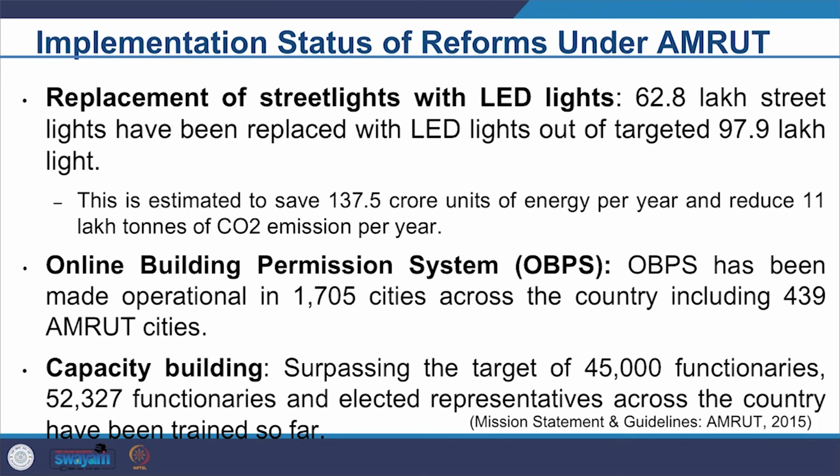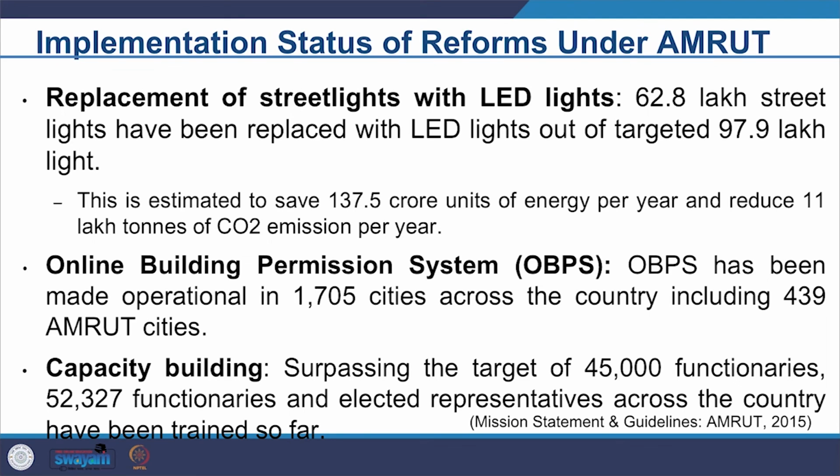Nearly 62 lakh street lights have been replaced with LED lights out of the target of 97 lakh lights. This is estimated to save nearly 137 crore units of energy per year and reduce 11 lakh tons of CO2 emission per year. So, you look how we are achieving these targets within the special purpose plan.